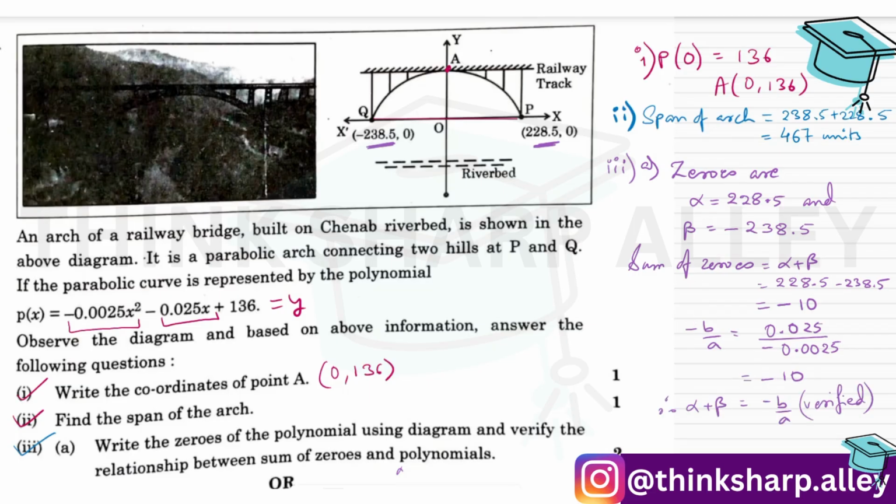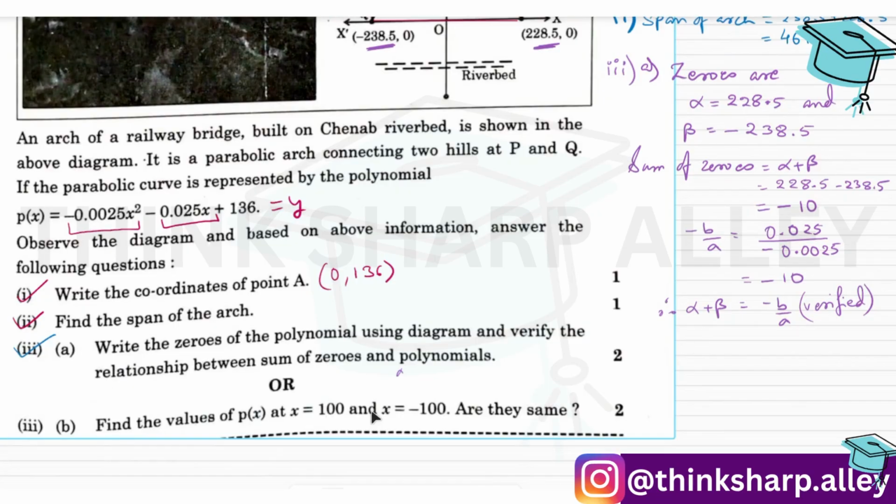So now it's time to move on to the next part of this, that is the OR part. They are asking to find the values of p(x) at x equal to 100, which means I need to find p(100) and p(minus 100) and check if they are the same. So what is p(100)? In place of x I put 100 and we simplify.